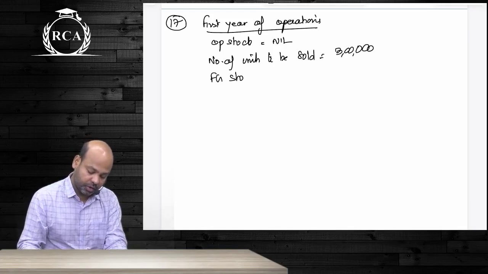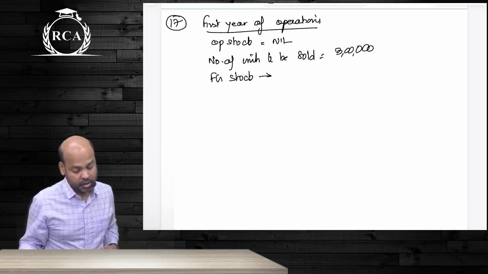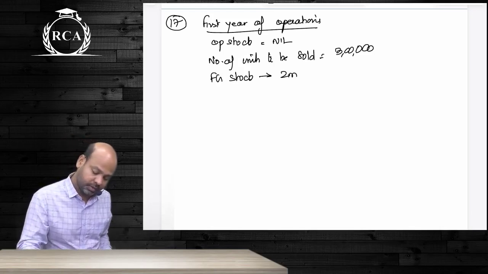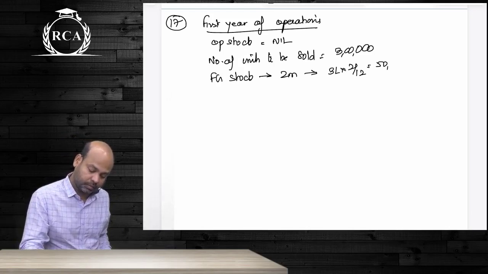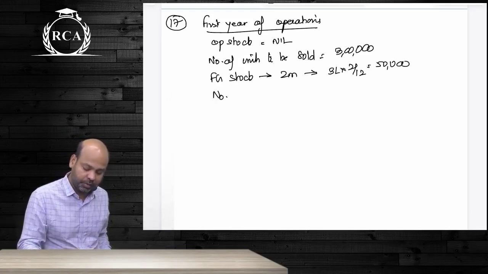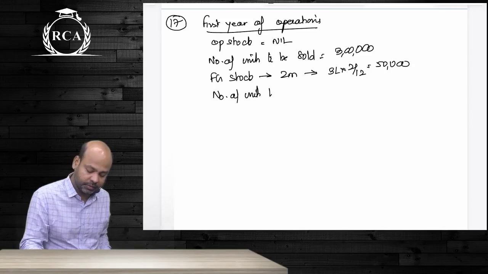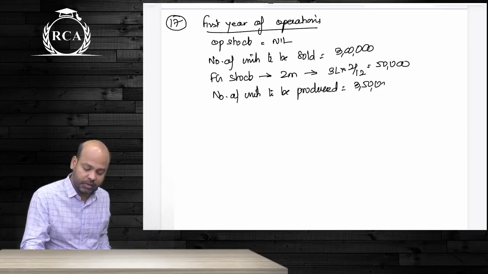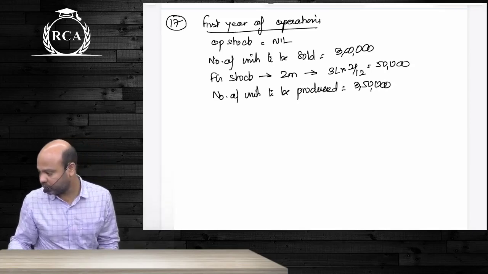Finished goods stock कितने month का है? 2 months. In units it will be 3 lakhs into 2/12. So number of units to be produced beta will be equal to 3 lakhs 50,000. Can you now present the cost statement based on this? I'll wait for a minute beta.